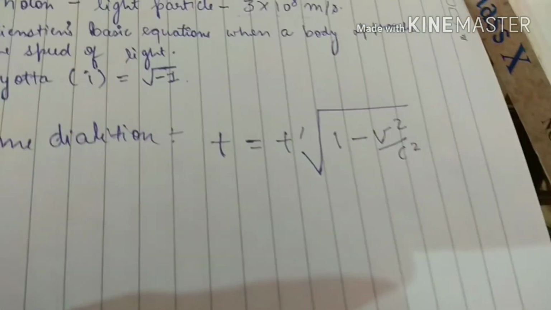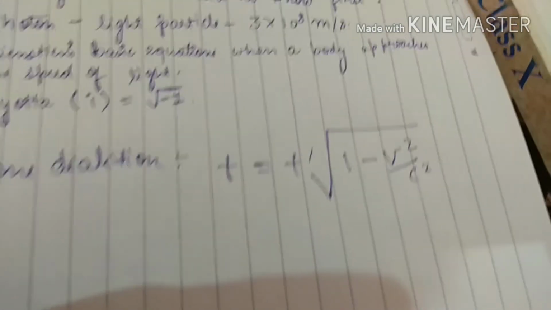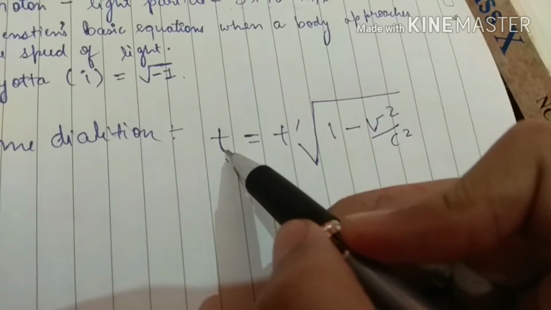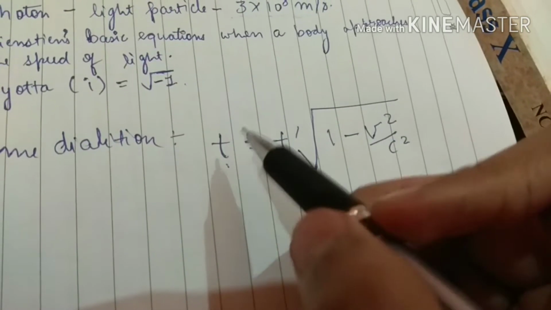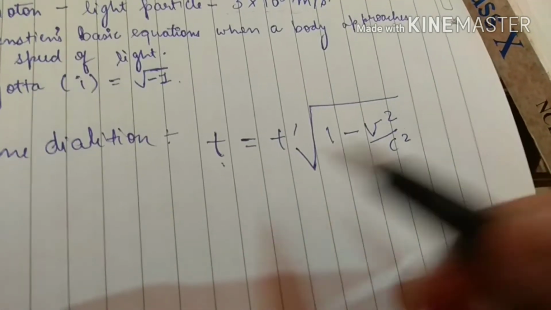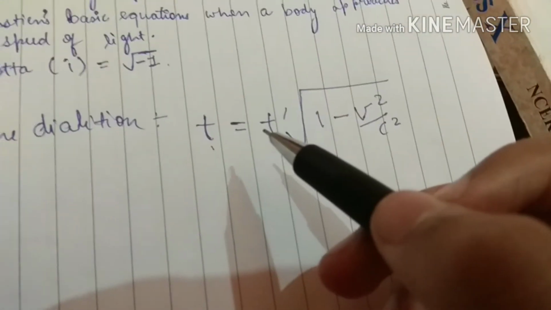What we understand from this equation is that the time for a body which is traveling nearly at the speed of light, or which is in motion, will become slow.